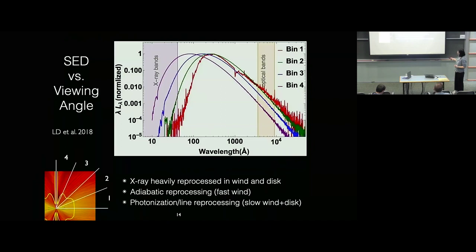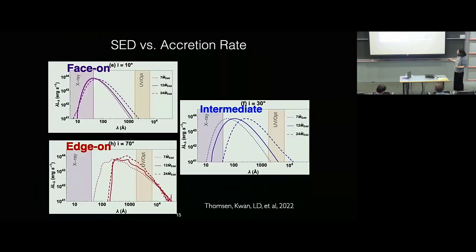Apart from this viewing angle dependence, we can also check how the spectrum evolves as the accretion rate changes. The idea is, for a fixed TDE system, we assume there is not much precession of the disk, so we are mostly looking at the disk along a constant viewing angle.